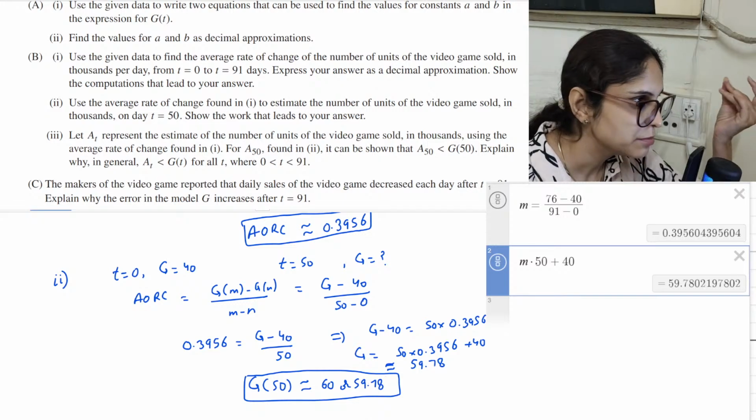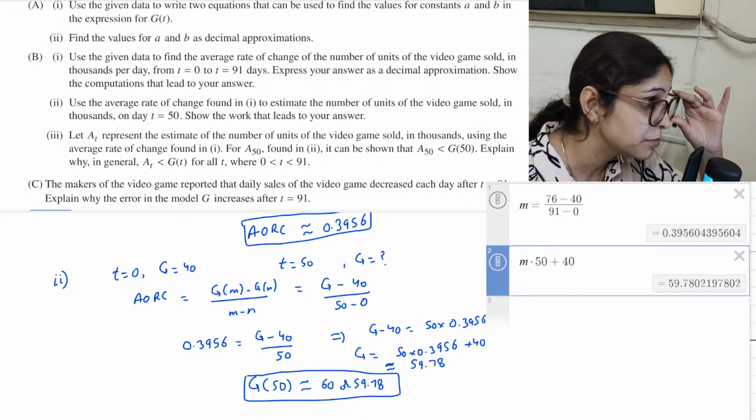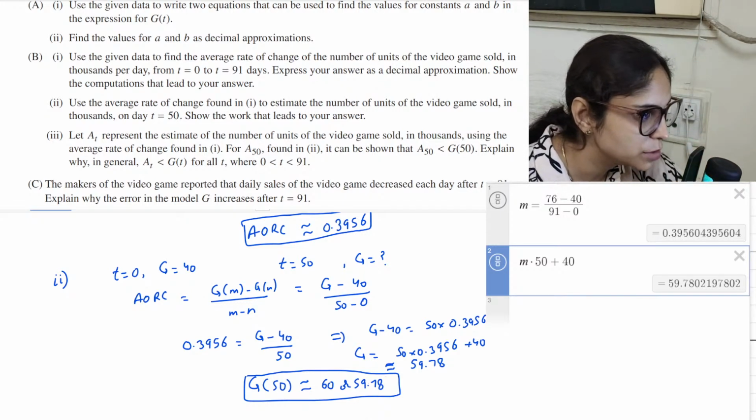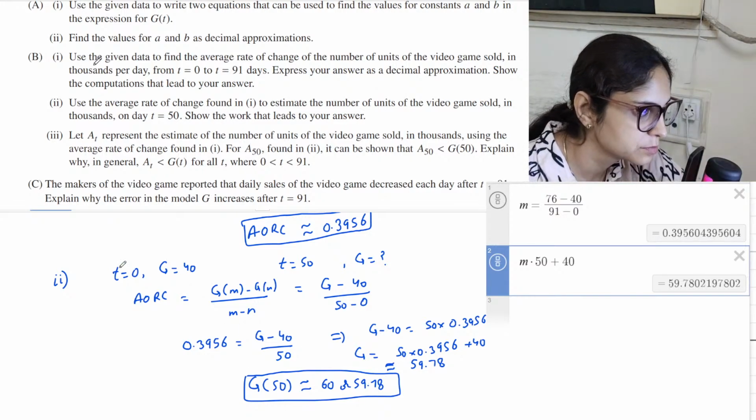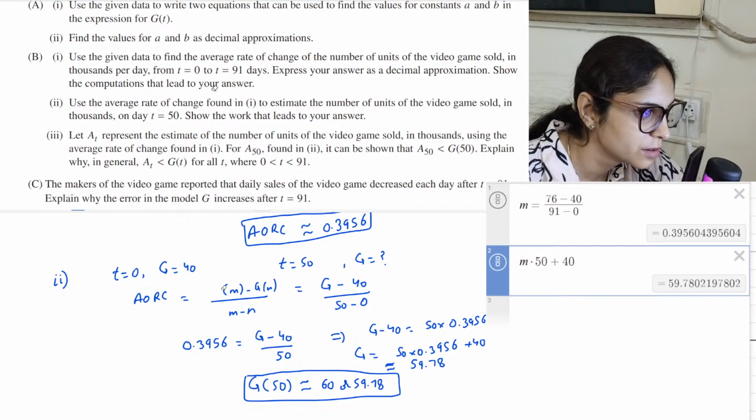So this is the second part. Now the third part is: let A of T represent the estimate of the number of video games sold in thousands using the average rate of change. So I'm going to write it A(T).